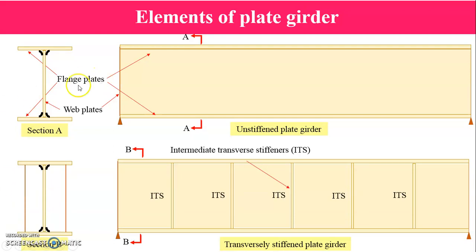Here are the 5 intermediate transverse stiffeners, and at the start and the end we have provided the end posts. In the section you can see the end post only, because the direction of the cut section is towards the end of the girder.